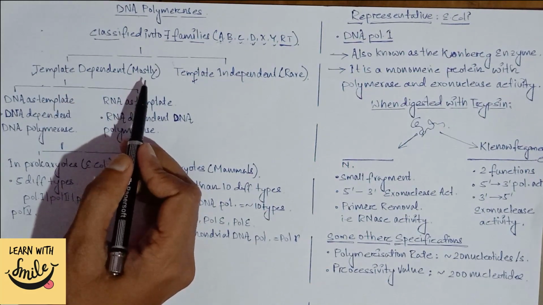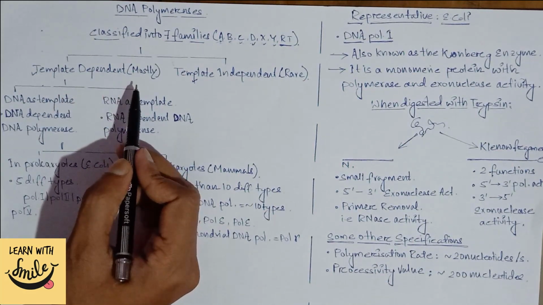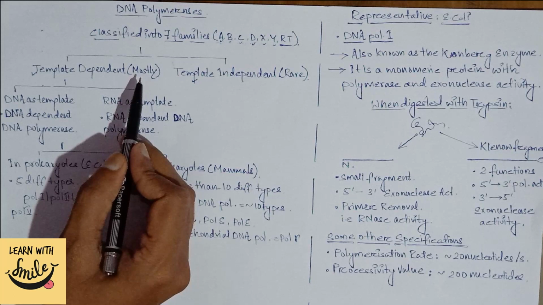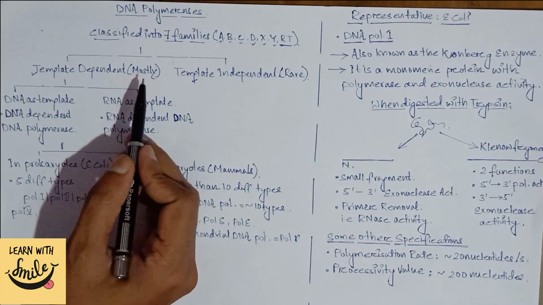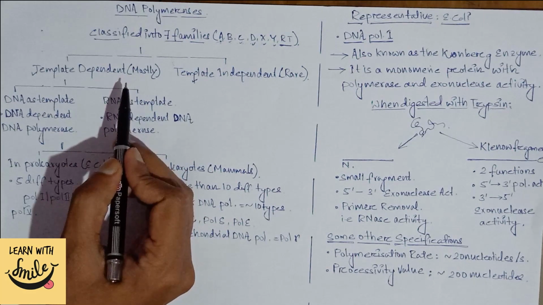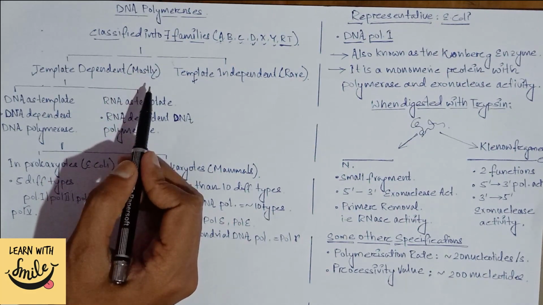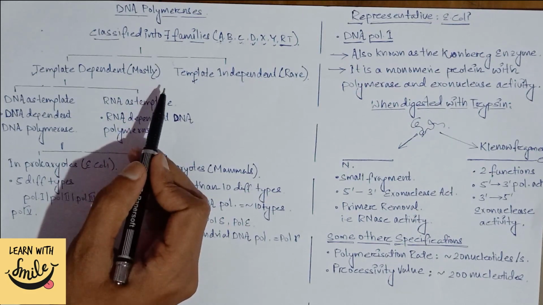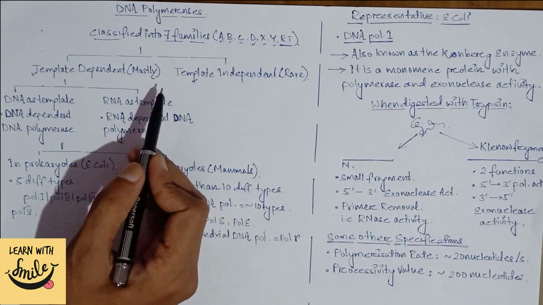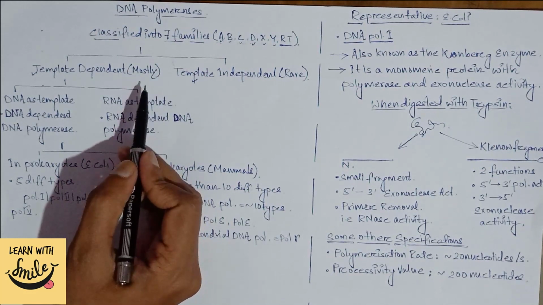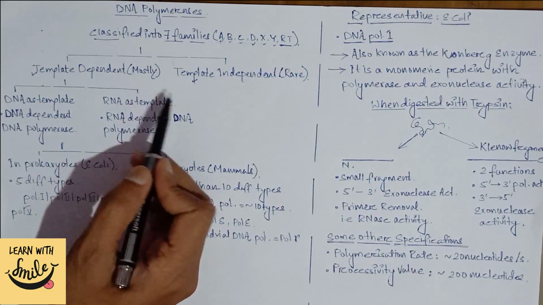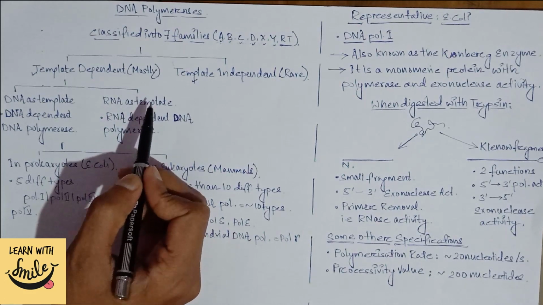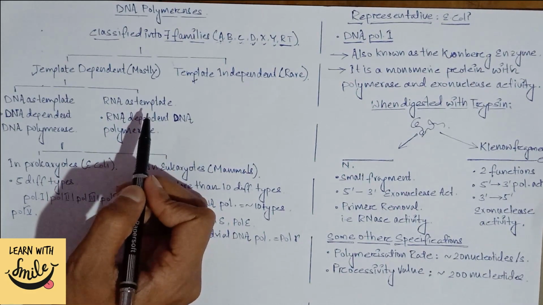DNA polymerase during its activity requires a reference point, and it is one of the parental DNA strands which provides a reference point for the activity of DNA polymerases. That means by looking at the nucleotide combination present in the parental DNA strand, the DNA polymerase goes on adding new nucleotides, thereby providing the newly synthesized DNA strand.